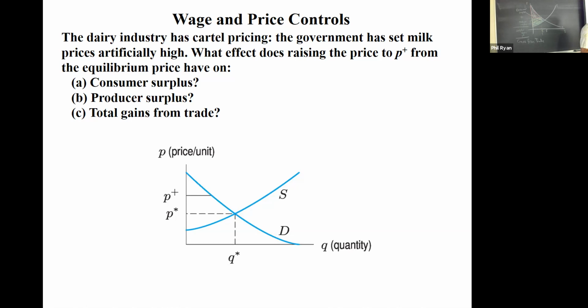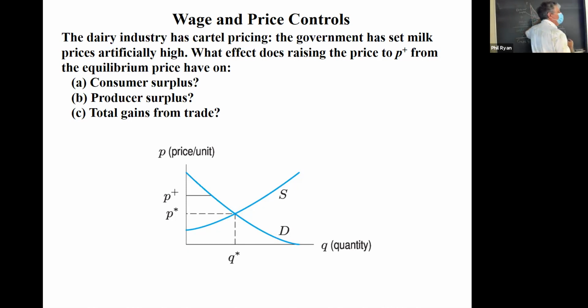Because milk is, what is it? Inelastic or elastic? It's inelastic, right? People need milk. So they can keep the price artificially high, and they don't care that the quantity goes down, right?